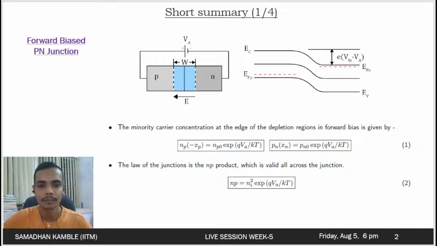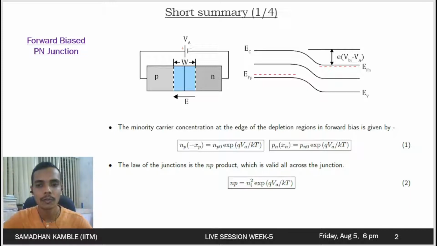Just consider the PN junction with a forward bias voltage applied. The potential barrier of the PN junction is lowered when a forward bias voltage is applied, which allows electrons and holes to flow across the space charge region.